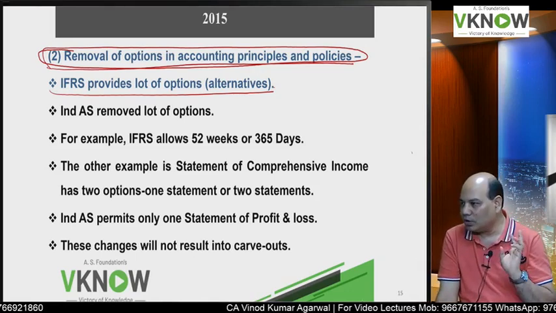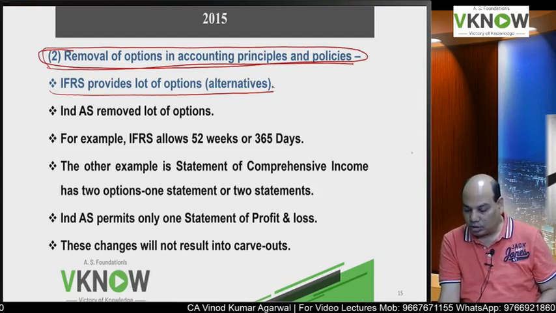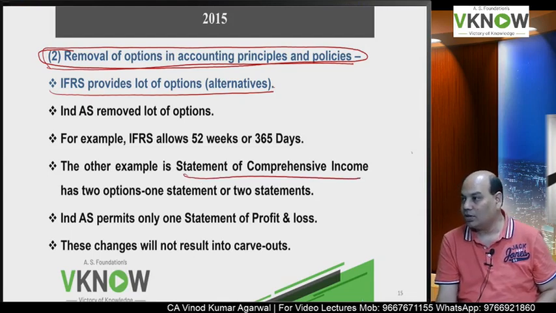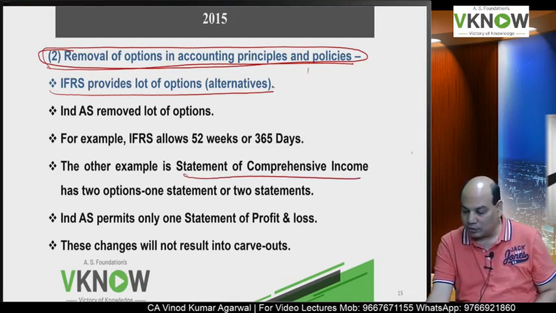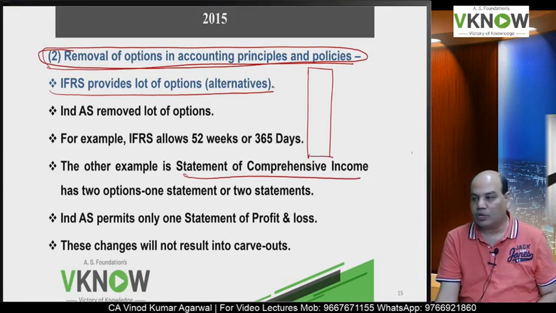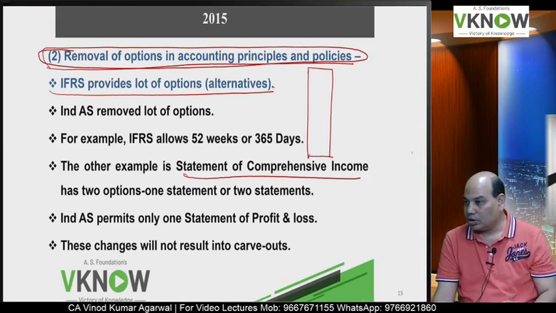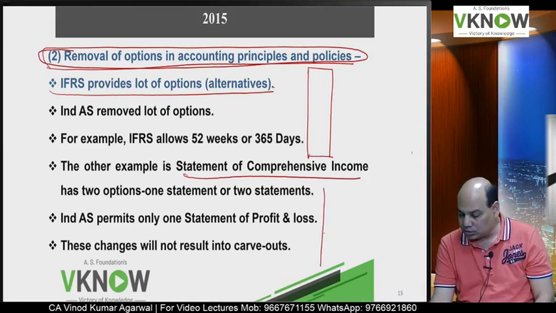So here I am not giving you a choice. Another example is the statement of comprehensive income. In India we have to prepare the statement of comprehensive income in one format only. In IFRS you have two choices.